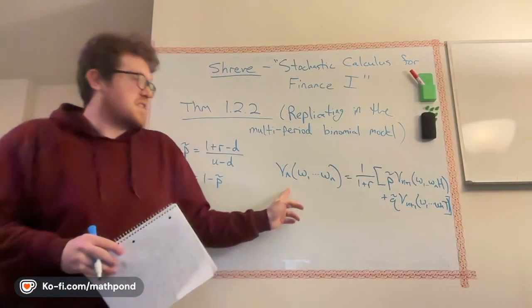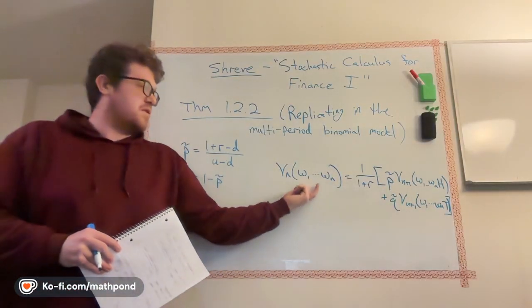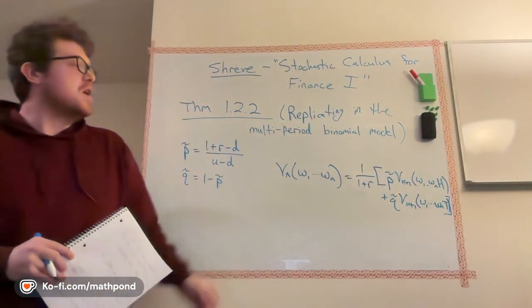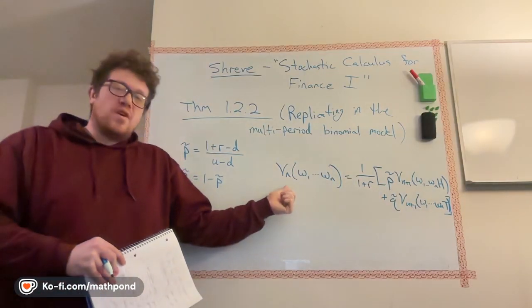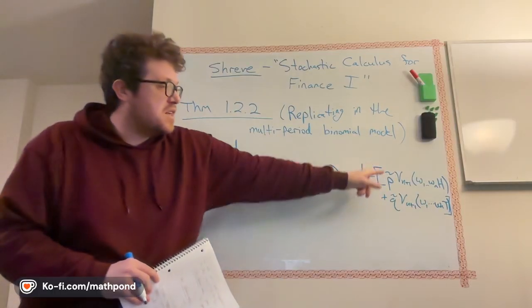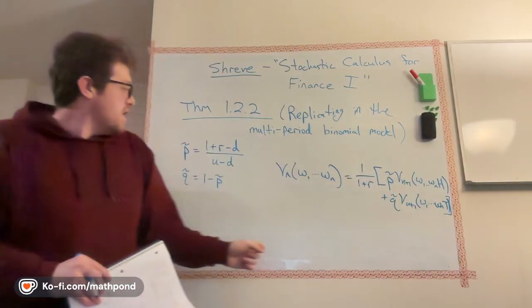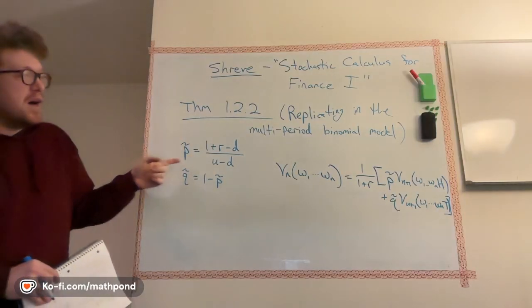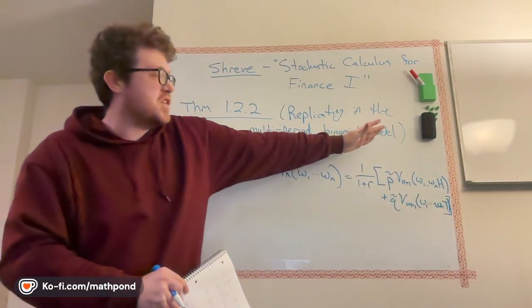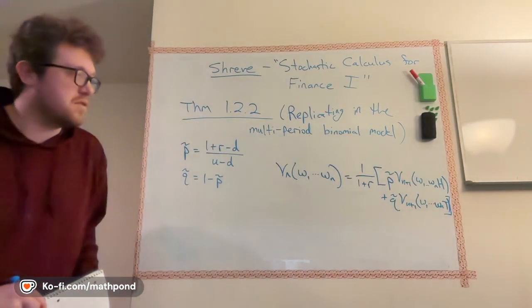This was basically the same formula we had before, except we didn't have all these omegas. But this is just saying that the price of the option at time n is determined. It's a weighted average in this measure of the values at n plus 1, based on whether it goes up or down, the heads or the tails.